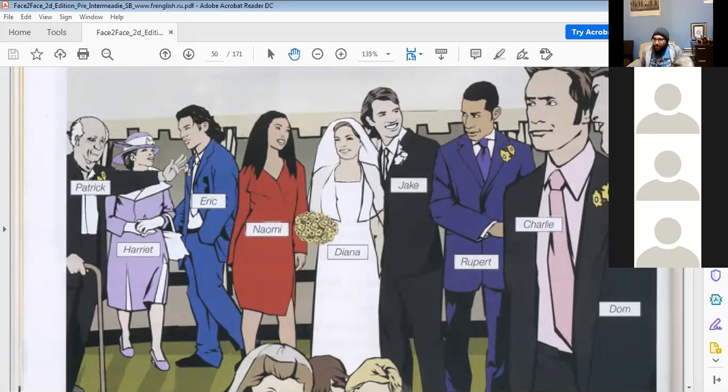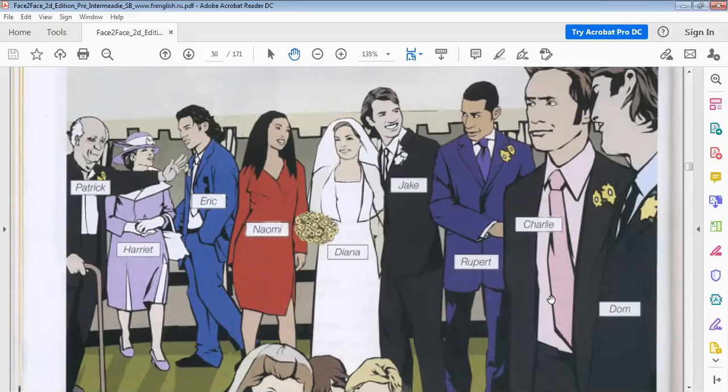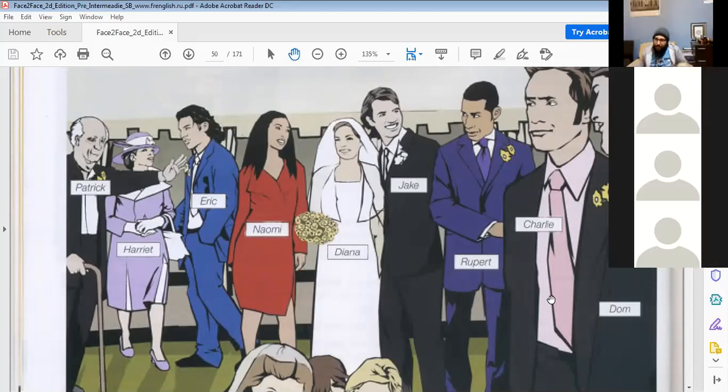Okay, let's try one last person to guess. Okay, Selma. Try to describe one of the people here and talk about everything except the name. And Safia will try to guess who you're talking about. He's wearing a suit with a bow tie.